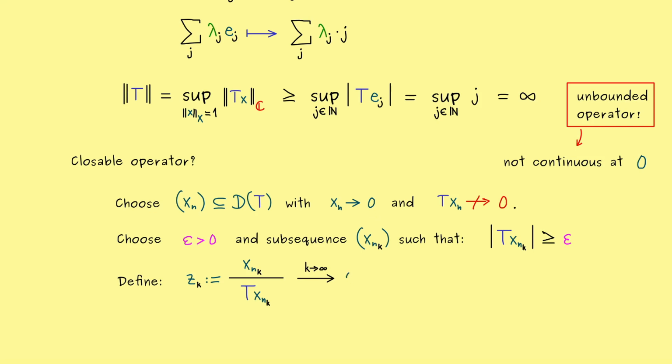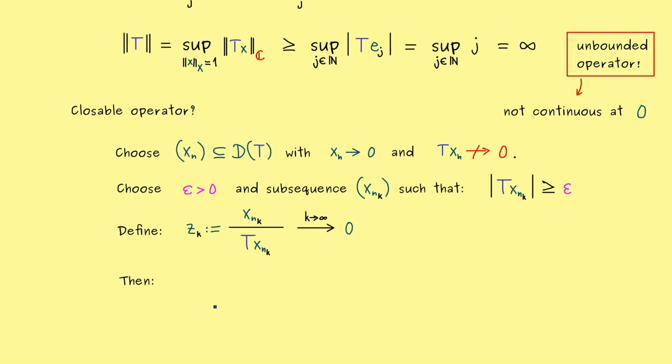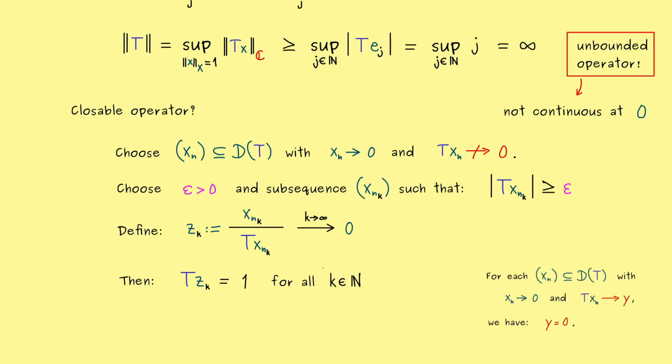So in this regard, it works the same as our original sequence x_n. However, for the images, something different happens. Namely, we immediately see that we divide 1 by 1, so the outcome is always 1, no matter which k from N we choose.